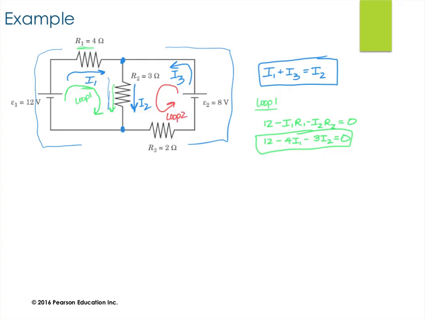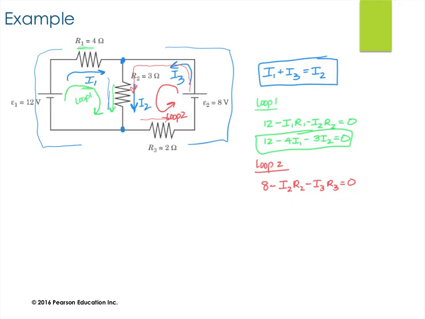Again, I used my personal preference of liking to go through the battery from negative to positive, so I get a positive potential difference. So I come out of there, I go around, nothing happens till I go down through the middle. I go through resistor 2 with current 2, so that's a loss. And then I'm going to go through resistor 3 with the current, but that's I3.